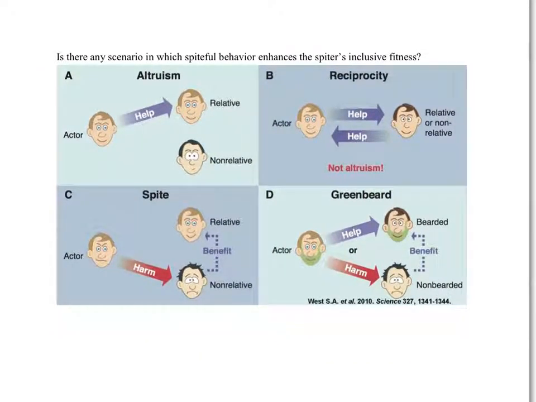Okay. So, is there any scenario in which spiteful behavior enhances the spider's inclusive fitness? Now, what does spite do to both sides? Negative, right? So which one of these would do that? So here's his non-relative, and he takes a big stick and hits him right over the head.